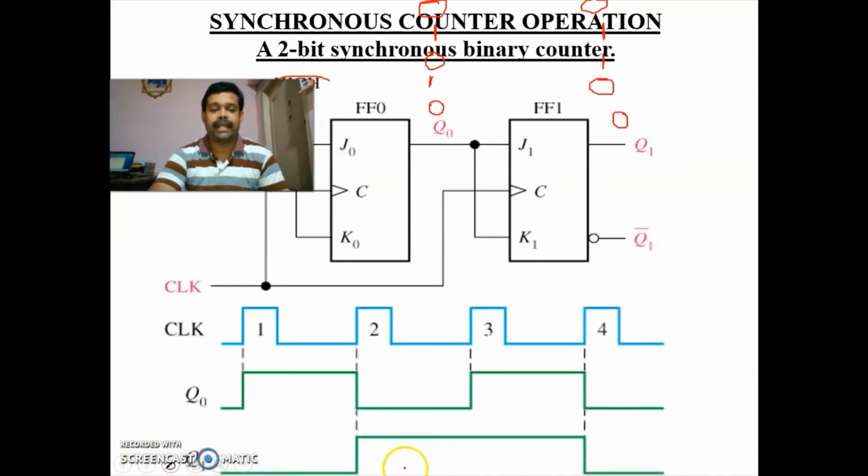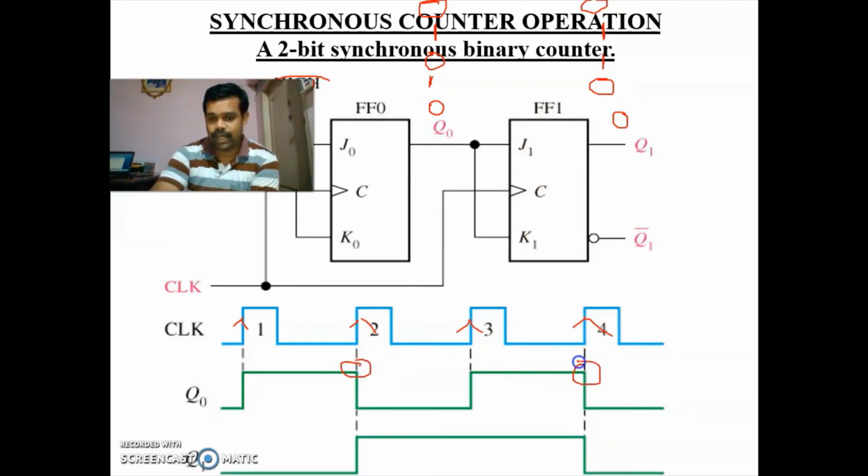Now this is a timing diagram. So this is a positive edge, and this is a positive edge, and this is a positive edge, and this is a positive edge. So Q naught will change the output during every positive edge. And flip flop 1 will change the state when your Q naught is 1.